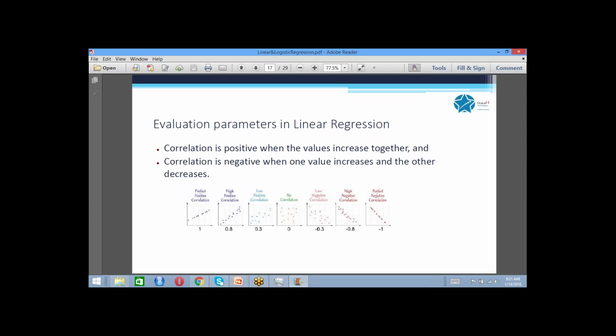When you get the equation, in some cases you find that the correlation is positive, meaning that if the value of that independent variable, let's say weight in your diabetes case, is most likely a positive correlation, in the sense that as you increase the weight, the chances of diabetes increase. In some cases it could be negative, in the sense that if you're doing more exercise, it's possible that your diabetes is coming down.